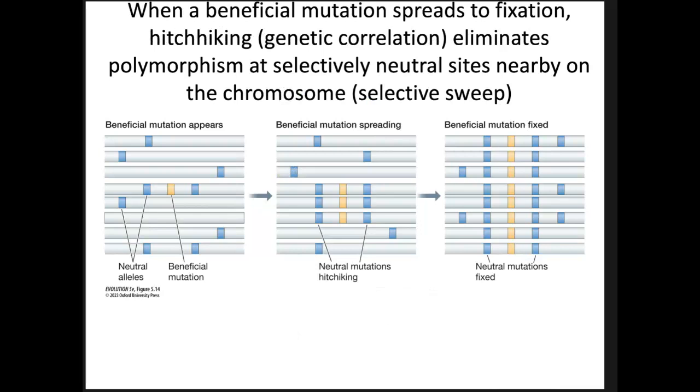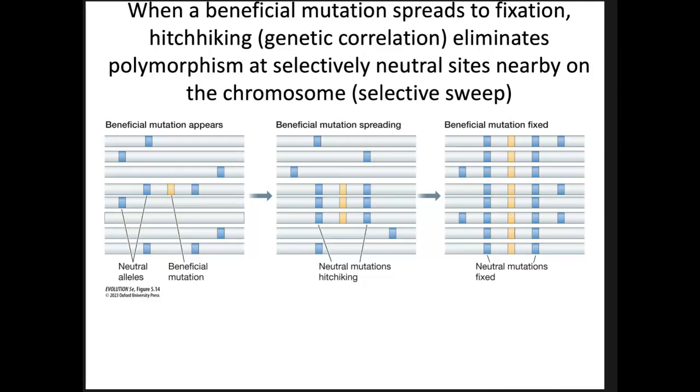Okay, so we sort of alluded to this a little bit when we talked about linkage, but essentially what happens is that as beneficial mutations are selected for, and as they spread to fixation in populations, you can have neutral mutations that don't have any effect.